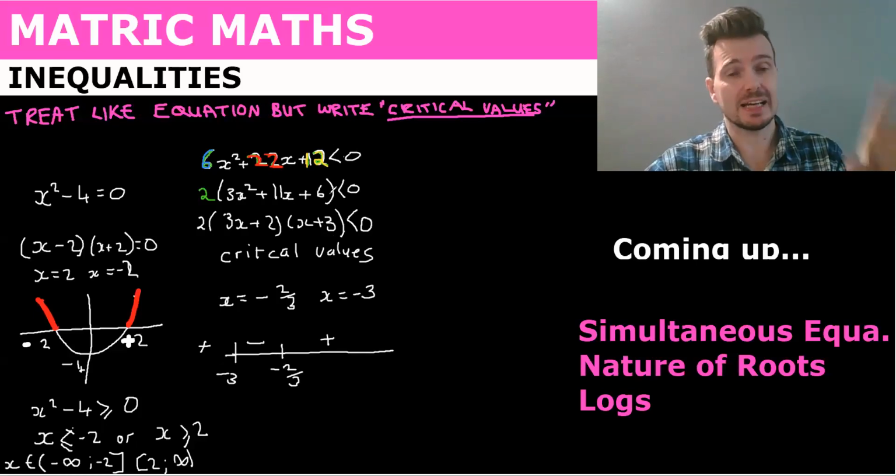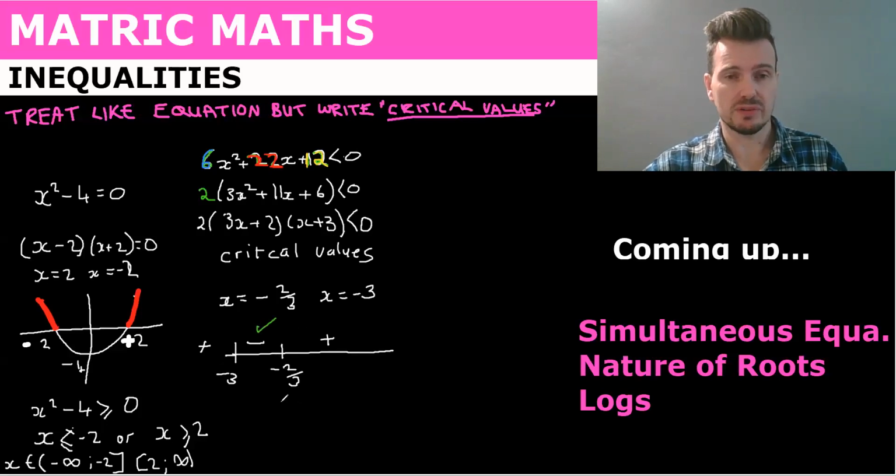So it's negative, and where is it true? It's true over here, so we know that x is between those values. It's between negative 3 and negative 2 over 3.